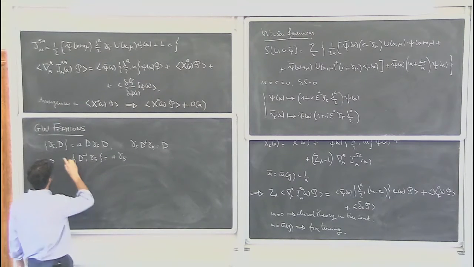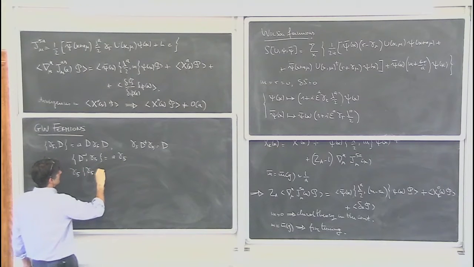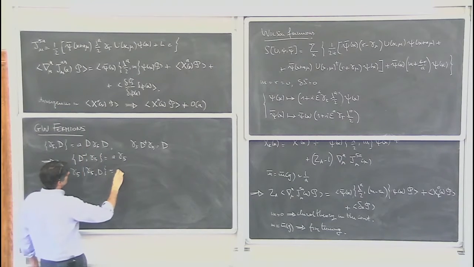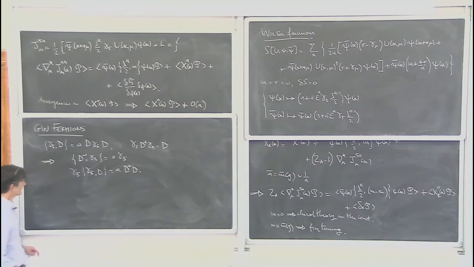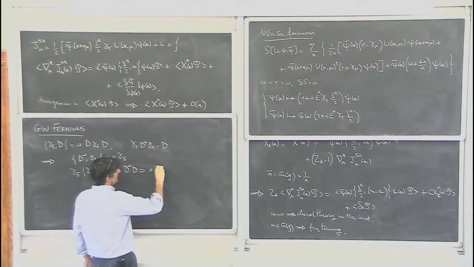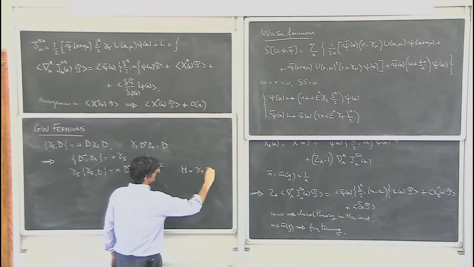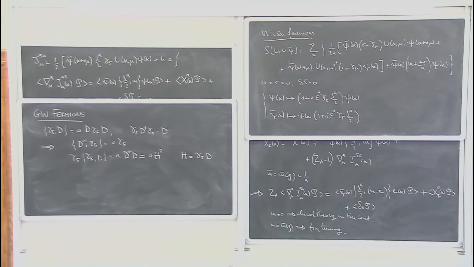And you can multiply this by gamma 5, and then you find gamma 5 D, gamma 5 D, which is just D dagger D. Okay? Or H squared, where H is the Hermitian Dirac operator, so it's gamma 5 D. So these are trivial relations which are going to be useful in what we are going to say next.